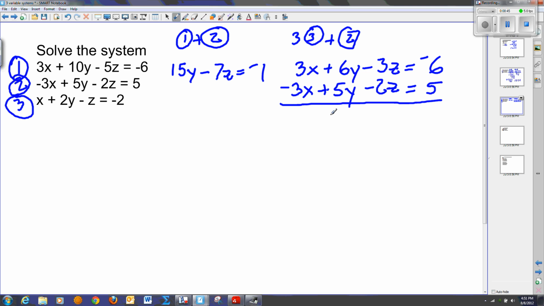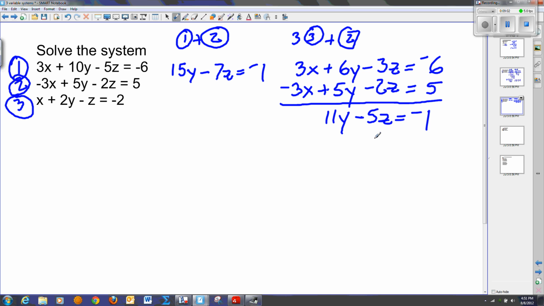Add those up to eliminate. You get 11y minus 5z equaling negative 1. Okay, so now what we have is 2 equations, 2 unknowns left.